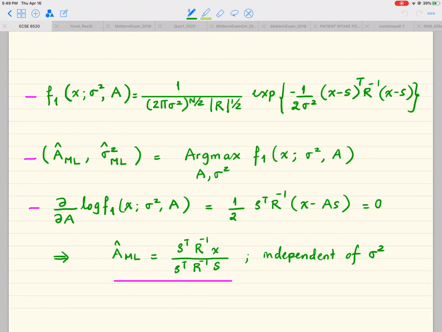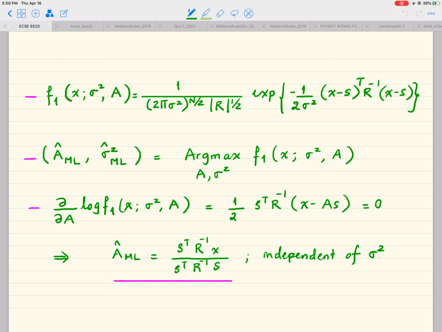Okay? So here is the conditional distribution of X. Again, Gauss. And we maximize the conditional distribution of X under the alternative hypothesis with respect to A and sigma square. Taking the logarithm and setting the derivative equal to 0, we can find the maximum likelihood estimate of the signal amplitude, being equal to the ratio of these two quadratics.